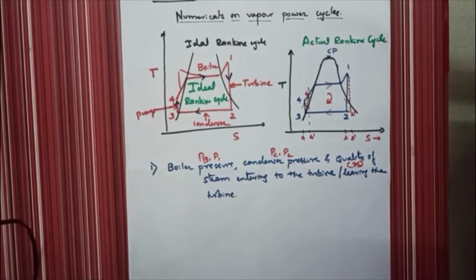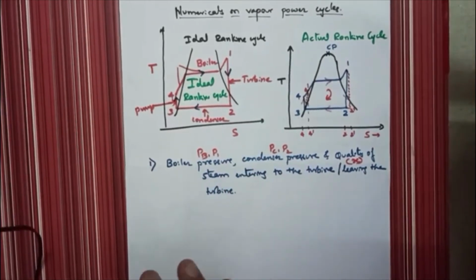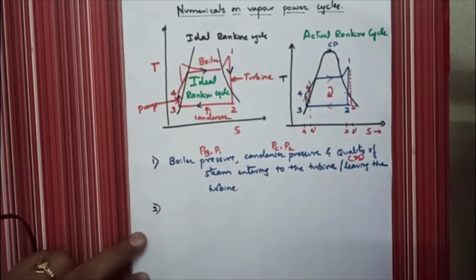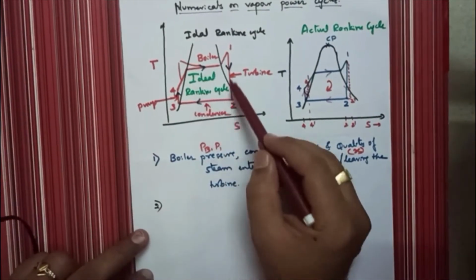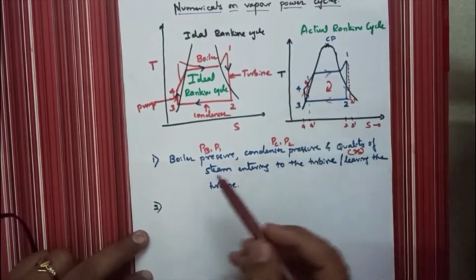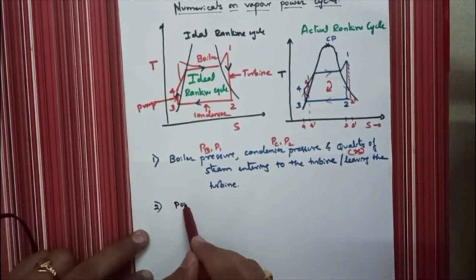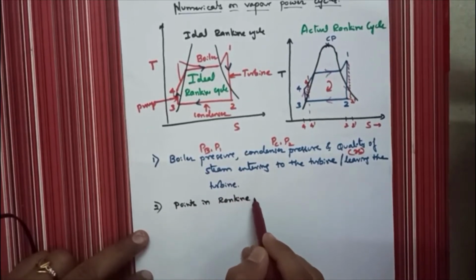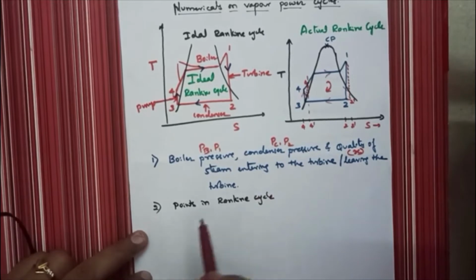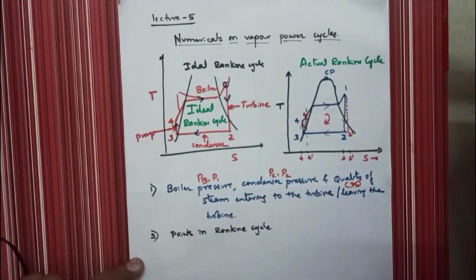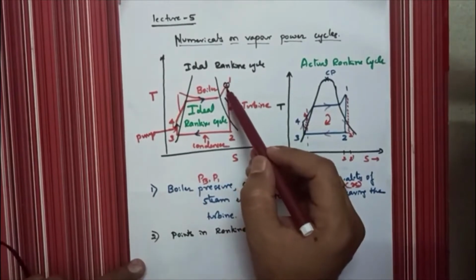So this is the first step. The second step, to solve any numericals on the Rankine cycle: first you have to understand the positions of the points in the Rankine cycle. It is very important. For example, point number 1: 1 to 2 is the turbine, so point 1 is the inlet to the turbine.